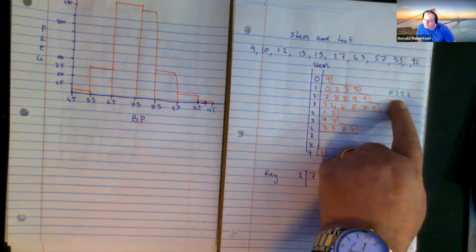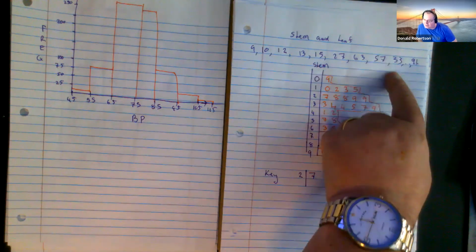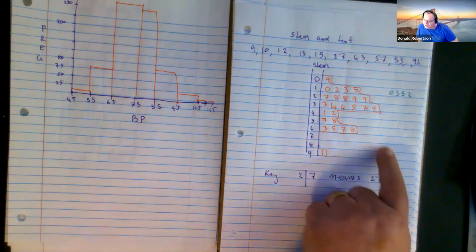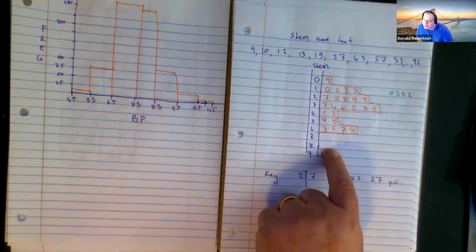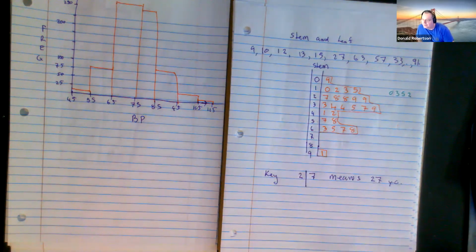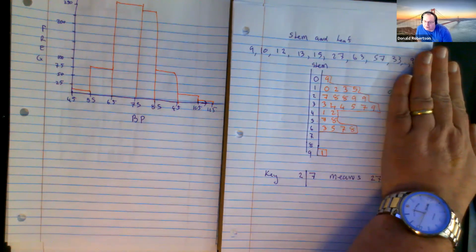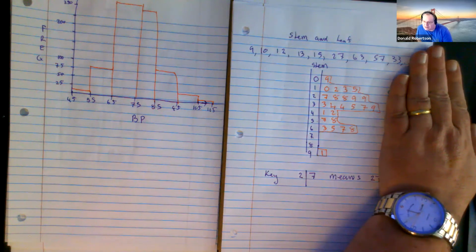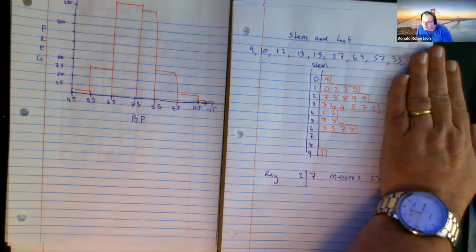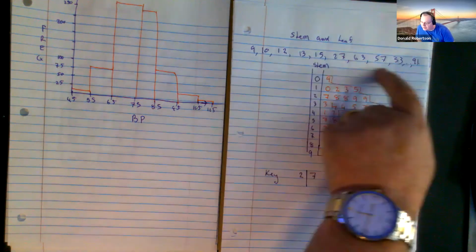So doesn't that mean you might actually have to do two stem and leaves? The first time round just to get the numbers, and then the second time round to put them in order. So that's a drawback, because you have to do it twice. When people do stem and leaves, they are always in order. You notice it's 7, 8, 8, 9, 9. It's not 8, 7, 9, 8, 9, because that's just the order that I found them in when I did the numbers.